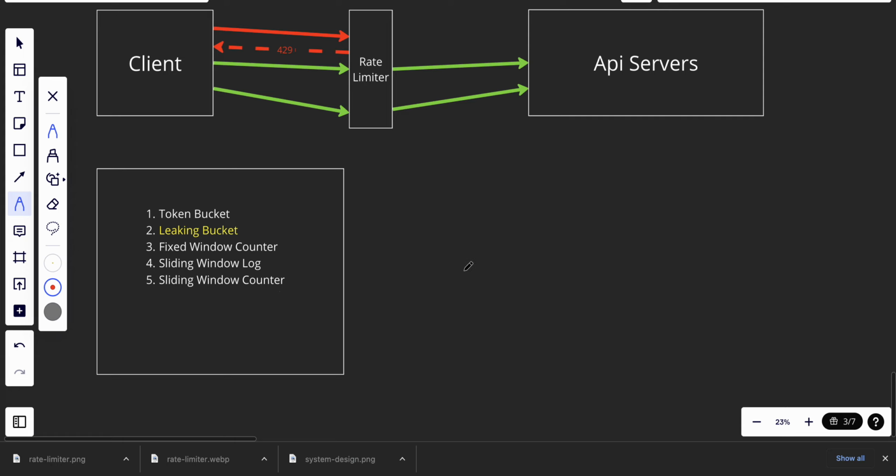We have the client again, and when the client makes a request, we have some sort of middleware that asks a question: is the bucket full?